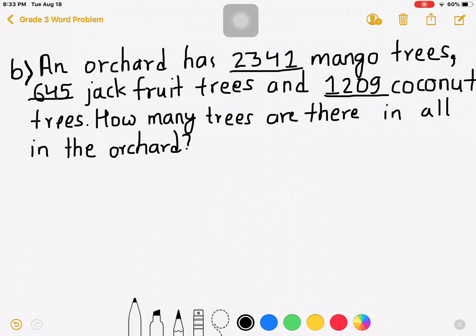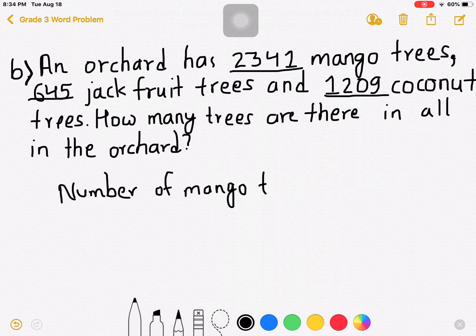Now let us write the statement. Number of mango trees.